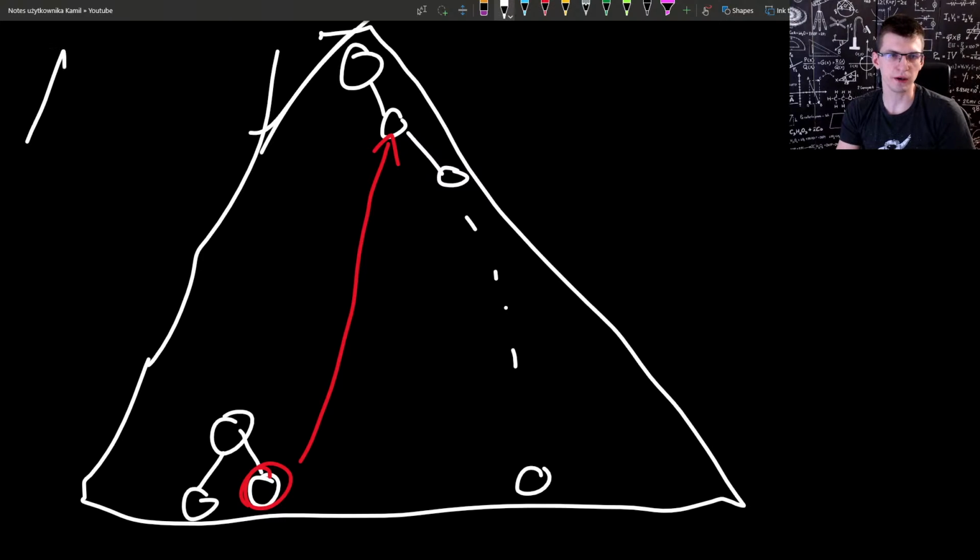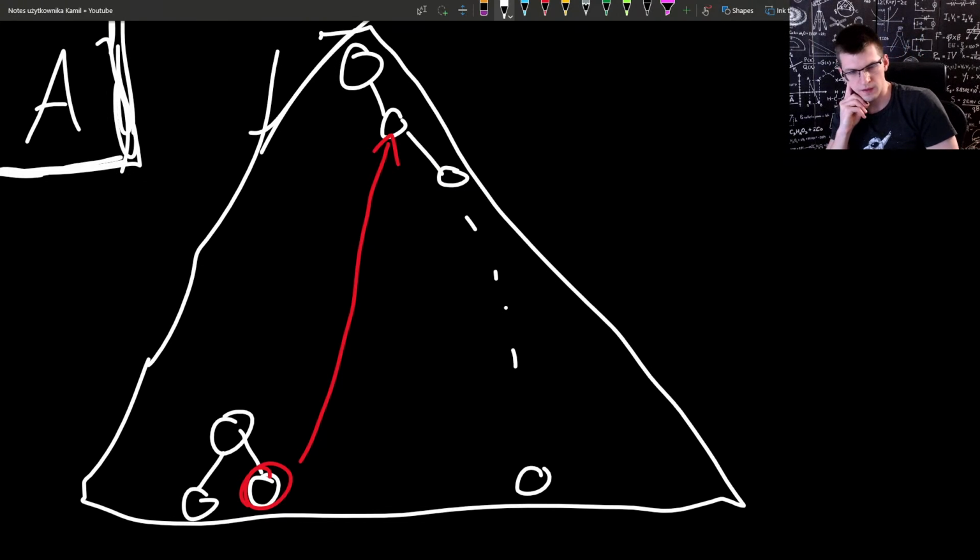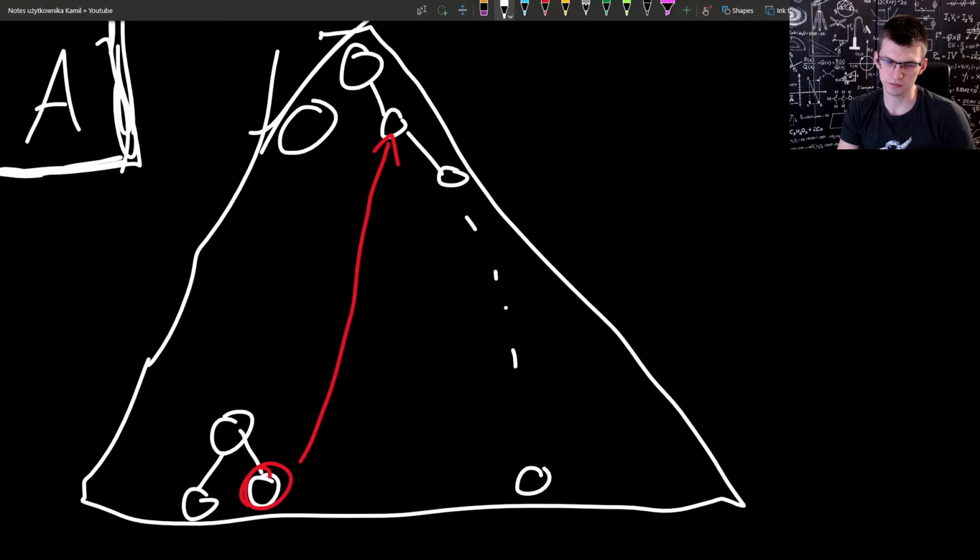This is still problem A. But this would mean that every second leaf points to vertex 3. Or vertex 2?